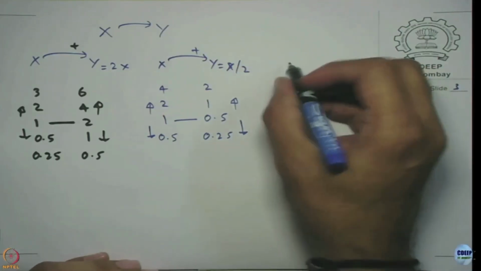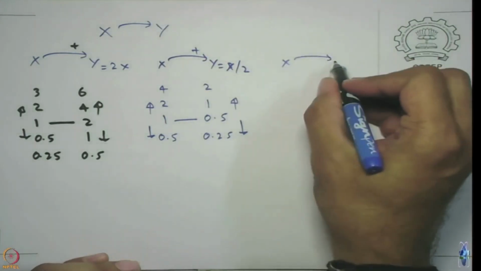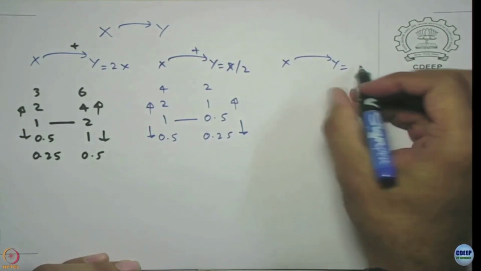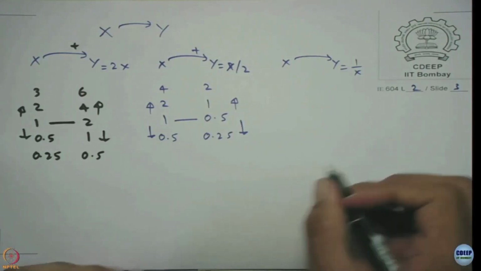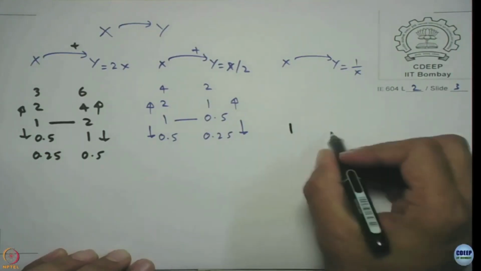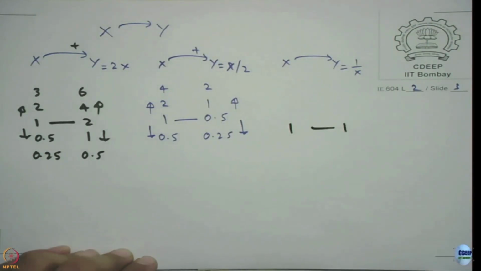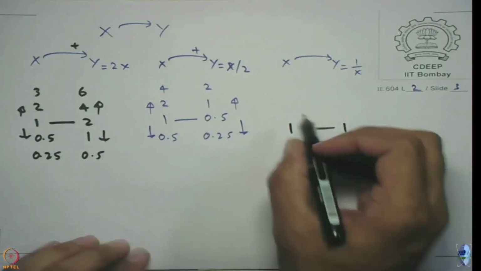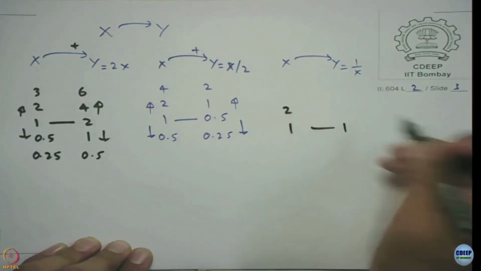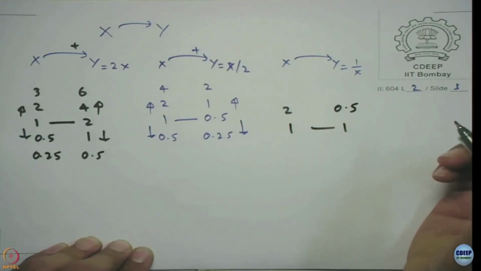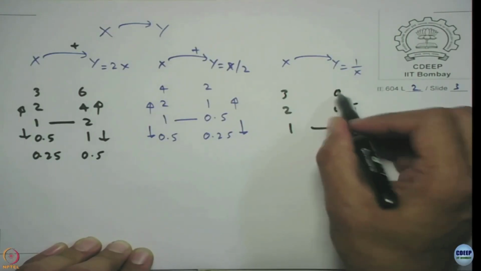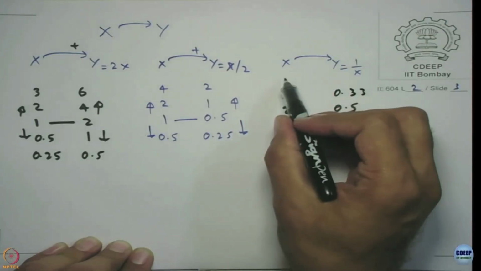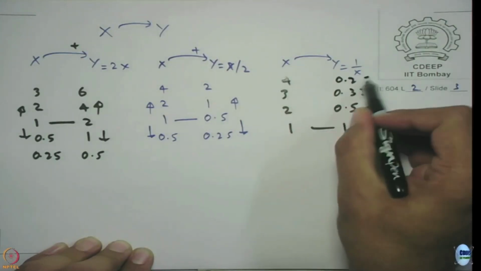So, let us take up the third case, say x influences y. Let us take y in this case equal to 1 over x. Let us again take the same reference point, x is 1, y is 1. So, as x increases to 2, y becomes 0.5, x goes to 3, y becomes 0.33, x becomes 4, y becomes 0.25.